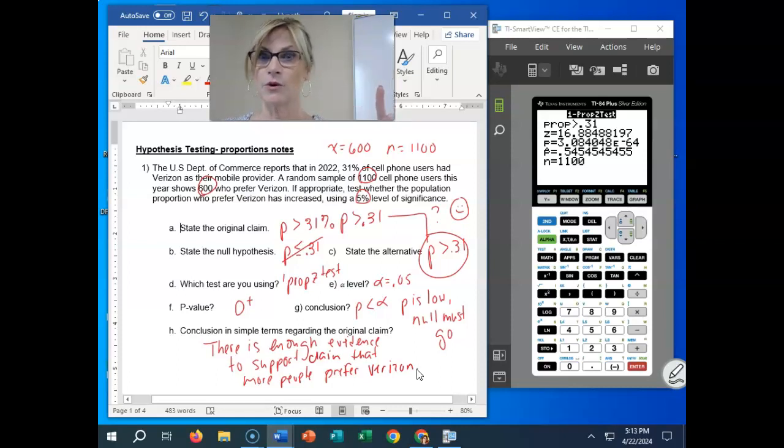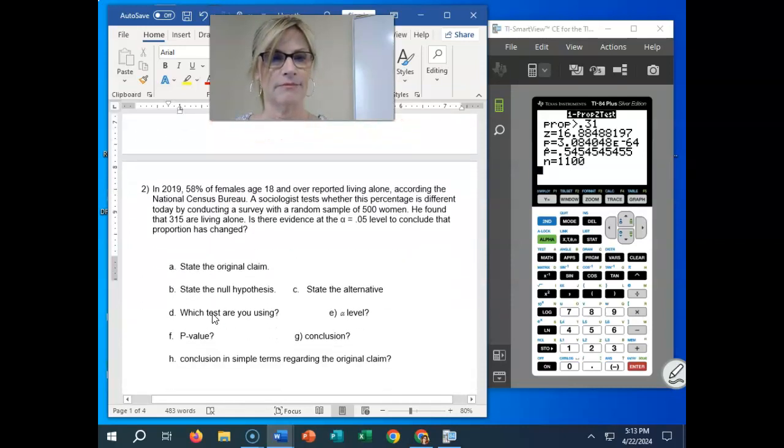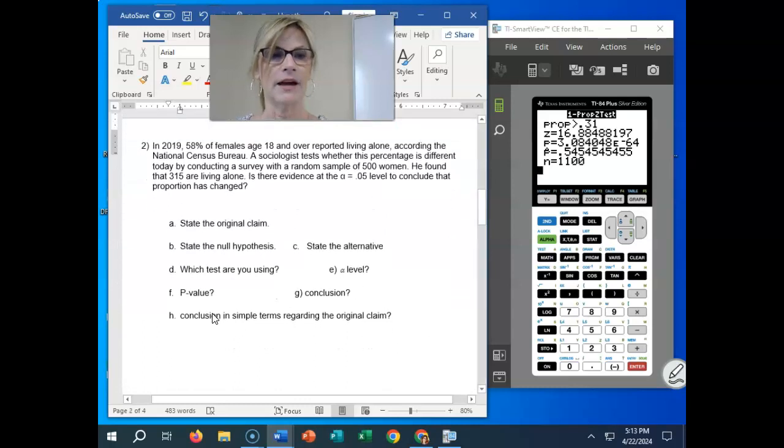Okay, we're going to do one more of these. In 2019, 58% of females age 18 and over reported living alone according to the National Census Bureau.